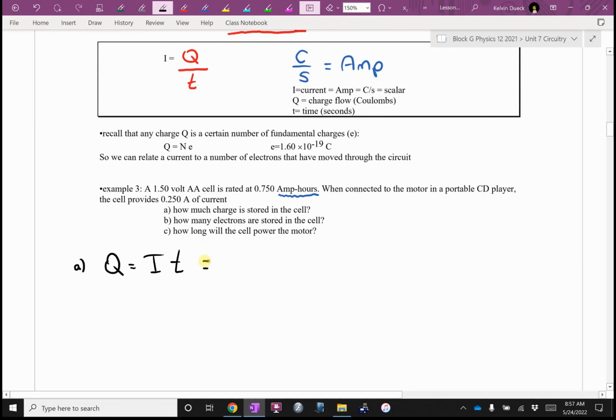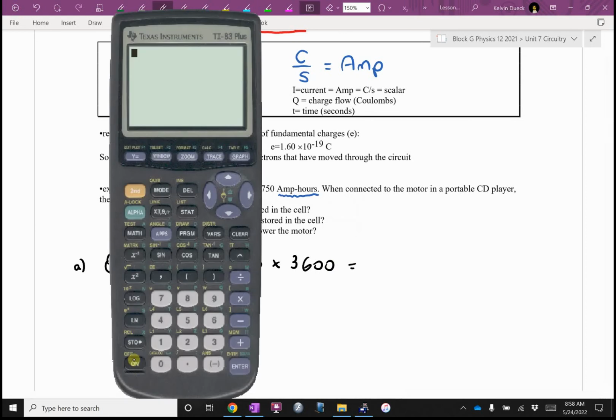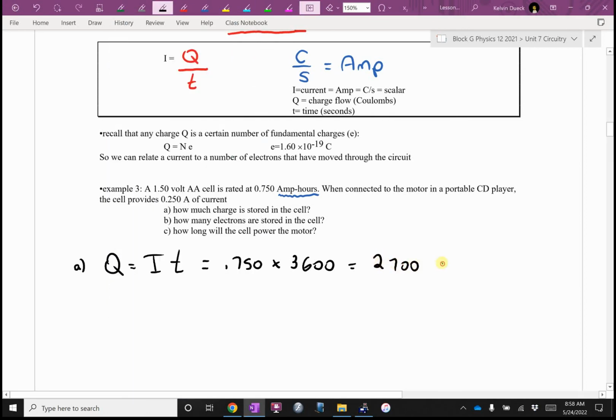So this is going to be 0.750, but this is amp hours. I need to somehow convert this to seconds. How am I going to do that? Well, how many seconds are there in 1 hour? Thank you, someone, for remembering. That gives 2,700 coulombs of charge.